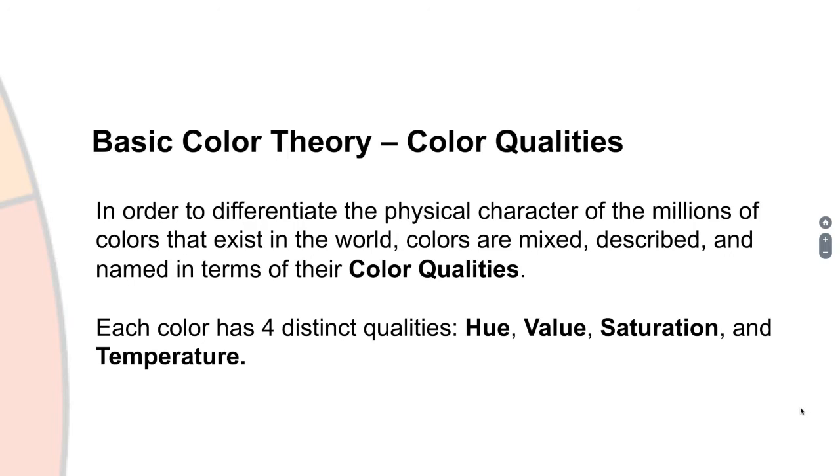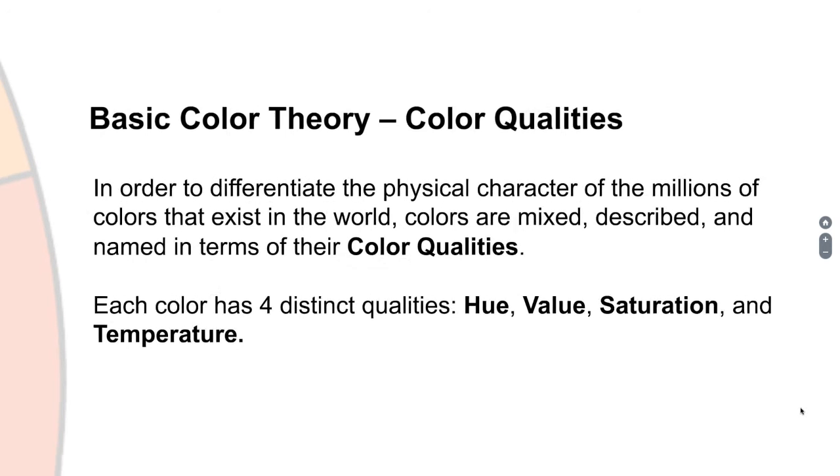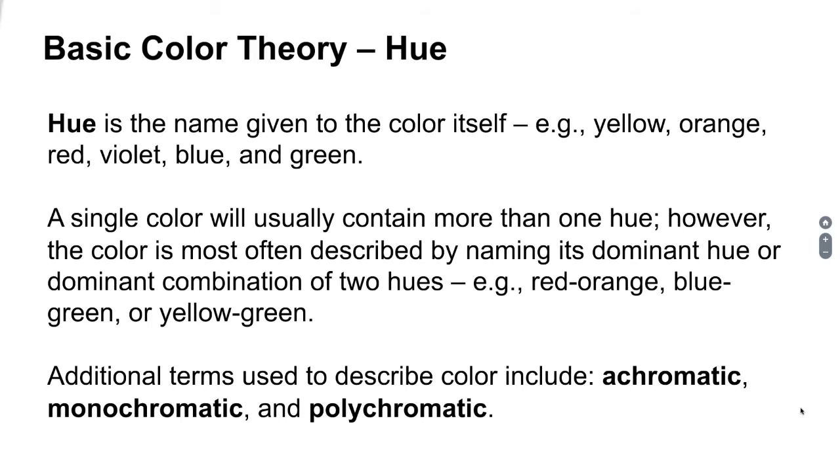Now, there are several qualities of color, and the qualities describe how colors are mixed. They give meaning to color, and those qualities of the color are hue, value, saturation, and temperature. Hue is just simply another name for the word color.